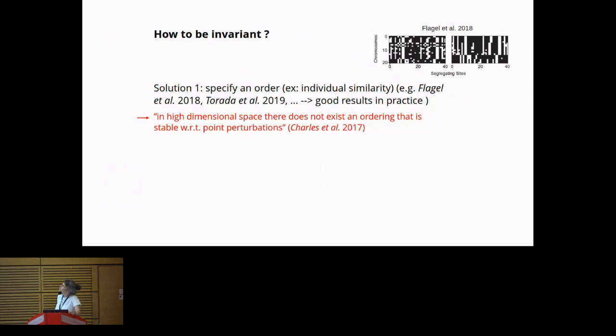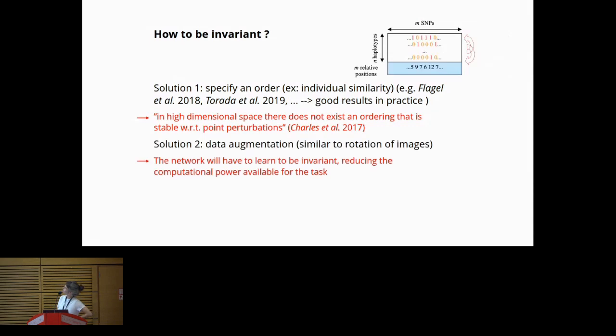So there are different ways of being invariant, and people have proposed, for example, to enforce a ranking on the lines that you have to specify and that you apply to any matrix. And in practice, it actually works well, but we know that in high dimension, it can be hard to find and design a ranking that is very stable.